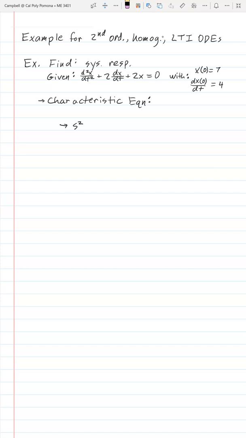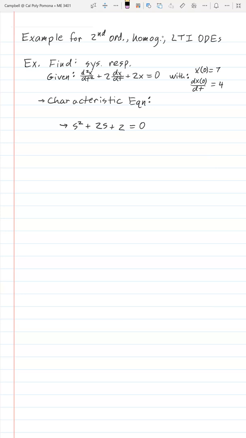When we take the first derivative, we're going to end up with an s. And so we can see that the powers of s, based on the assumed solution that we discussed in the lecture, the power of s maps to the order of the derivative. And we didn't take any derivatives for the first term, and so then we just get a 2. And of course, we've already seen that the characteristic equation will be equal to 0, clearly for these homogeneous cases.